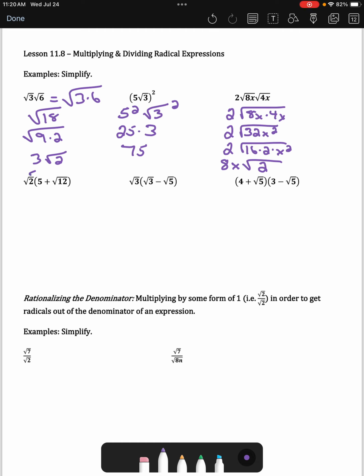Distribution is still a thing that happens. So when we multiply the root 2 here, we're going to get 5 root 2 plus root 24. The best fact we can use to make 24 is 4 times 6.